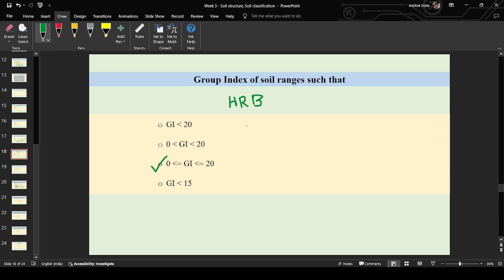And this group index, the formula goes like this. Group index equals 0.2a plus 0.005 AC plus 0.01 BD.